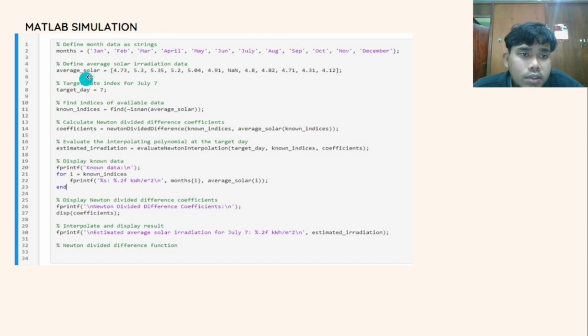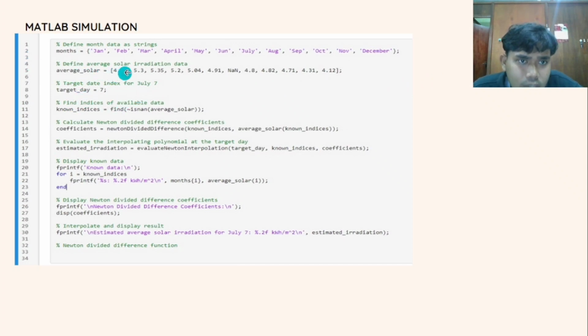The next row is to define average solar irradiation data: 4.73, 5.3, 5.35, 5.2, 5.04, 4.91, and none, next, 4.8, 4.82, 4.71, 4.31, 4.12.